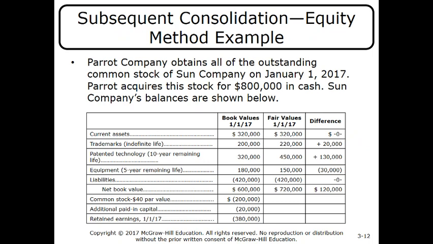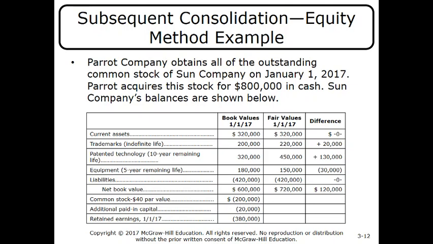All right, so here's an example, and we're going to look at all the entries you would have to make if you're using the equity method. Parent Company obtains all the outstanding common stock of Sun Company, and they purchase it on January 1, 2017.